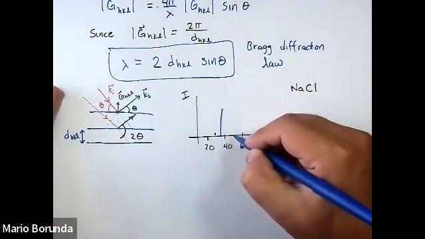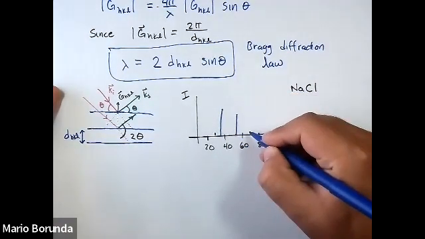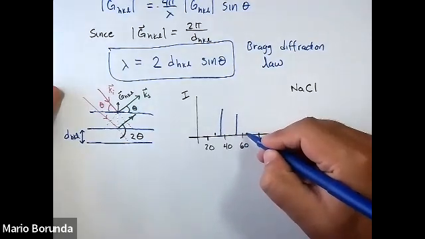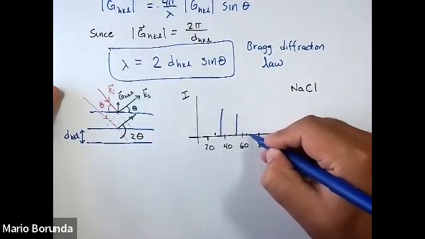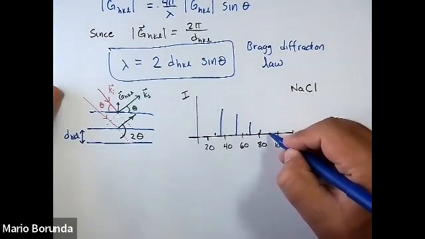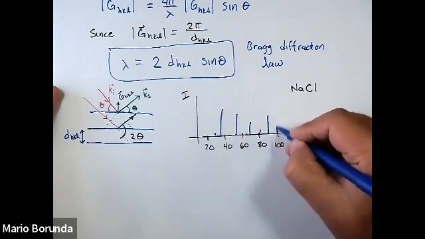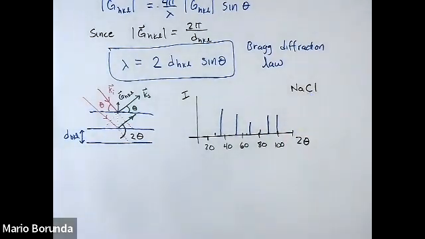But what crystallographers do: there might be another peak right here. There might be a tiny little peak here, and then a bigger one, and then another peak around 80, and then one in between there, and then another one right here. What crystallographers do then is, this is where peaks should appear.